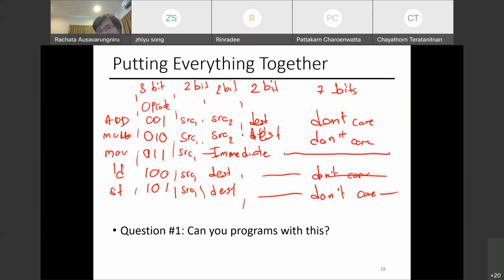Rephrase. Can you write a really simple program with this? Right? We can write a simple program. It seems possible. Is this a little bit restrictive? Yes, exactly. Your calculator can probably do a lot more, right? So yes, it does get a little bit restrictive. So you look at modern world ISA.